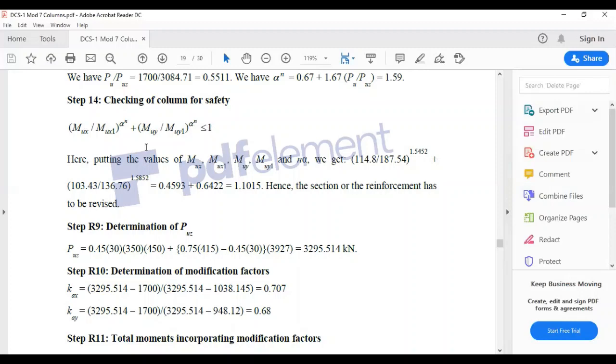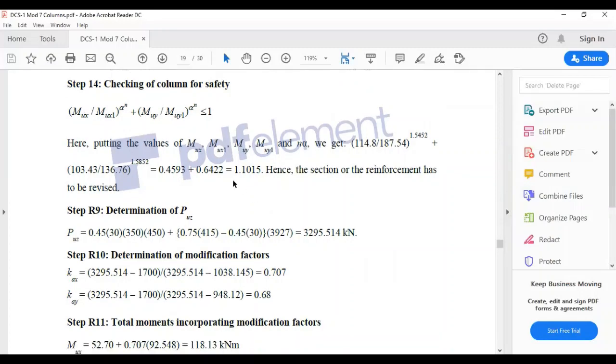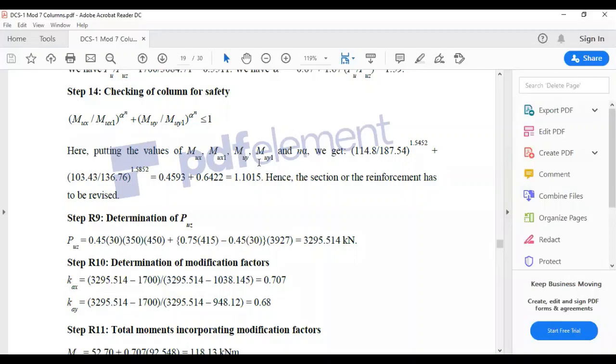Here, putting the values of MUX, MUX1, MUY, MUY1 and alpha n, we get this expression, and the value comes out to be 1.1015. This means the section or the reinforcement needs to be revised because this value is not less than or equal to 1.